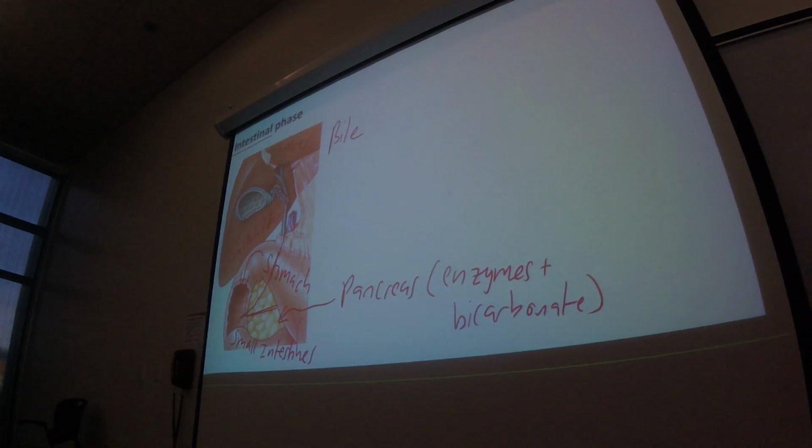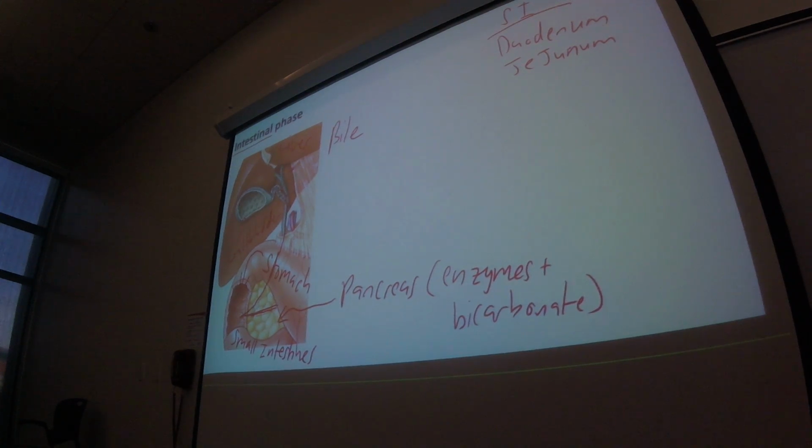Yes? You call that part the duodenum? The first part, yes. You'll learn this in anatomy if you haven't taken anatomy yet. The small intestines is broken up into three parts: the duodenum, the jejunum, and then the ileum.